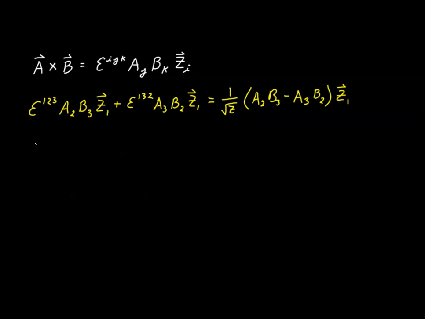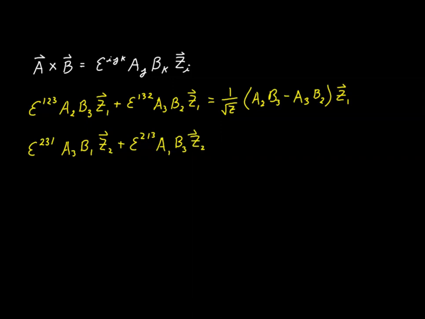This time we're going to look at epsilon 2, 3, 1, and its components would be j is 3, so A3 and B1 and Z2. Then we'll add epsilon 2, 1, 3, and we'll have A1 and B3 combined with Z2.